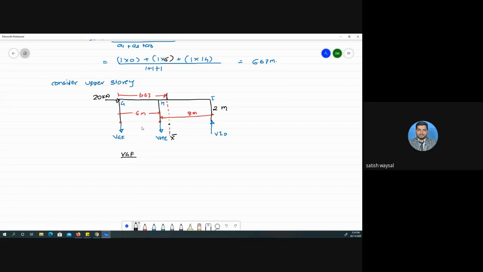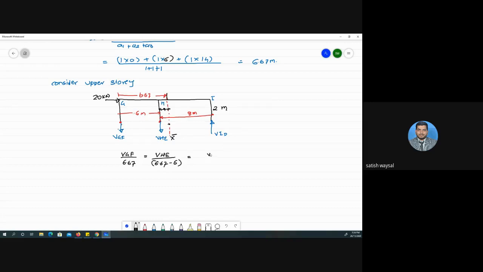So VGF is located at a distance of 6.67. Next is VHE, located at a distance of 6.67 minus 6.